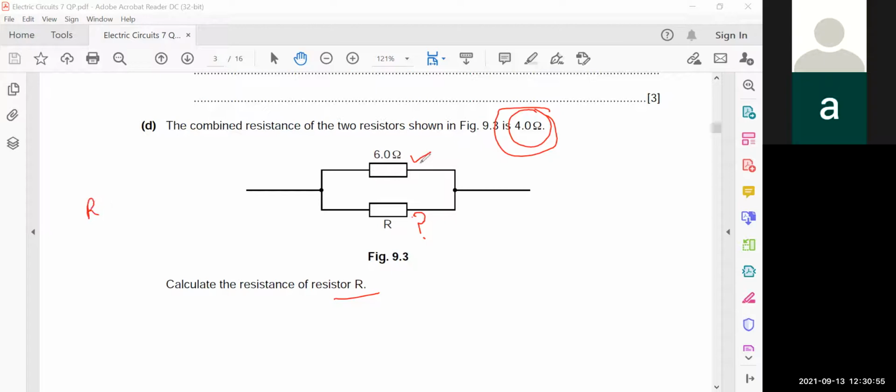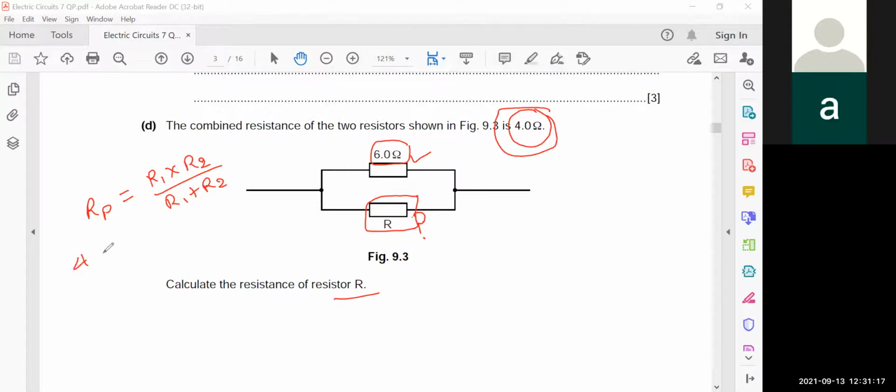I know that both the 6 ohm resistor and this unknown resistance are connected in parallel. So I will use the equation to calculate the total resistance in parallel, that is R1 multiplied by R2 divided by the sum of both resistors. RP is given, that is 4.